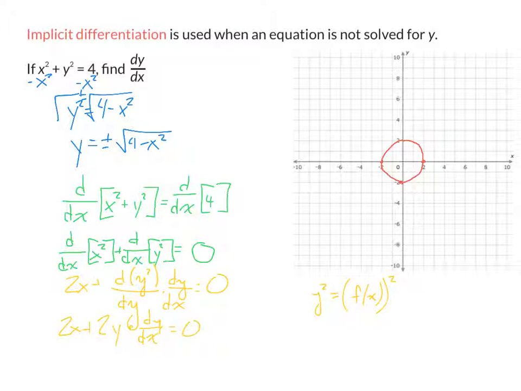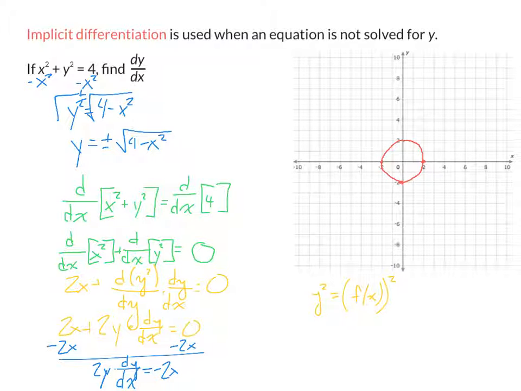So at this point, all we're going to try to do now is get dy dx all by itself. And so I'll start by subtracting 2x on both sides. And so we get 2y times dy dx equals negative 2x. And I'll do my work over here on the right now.